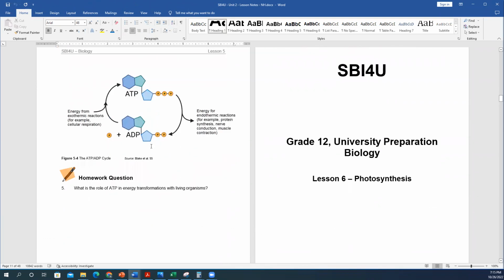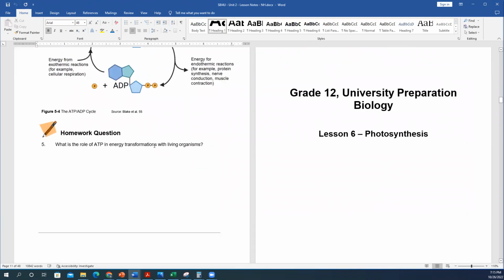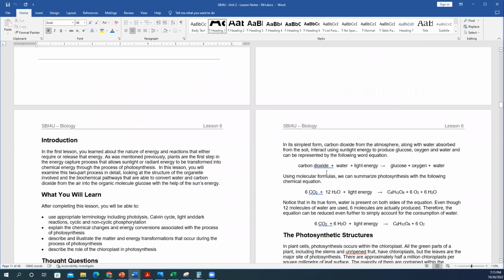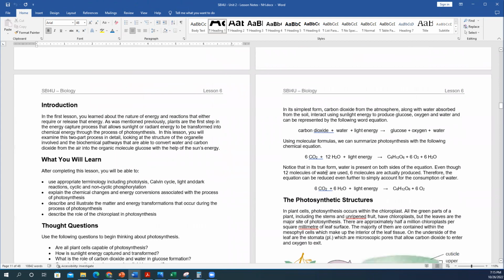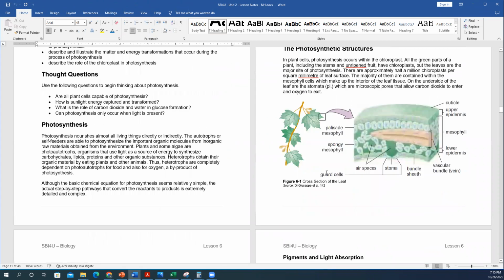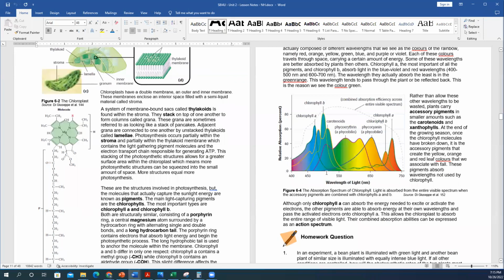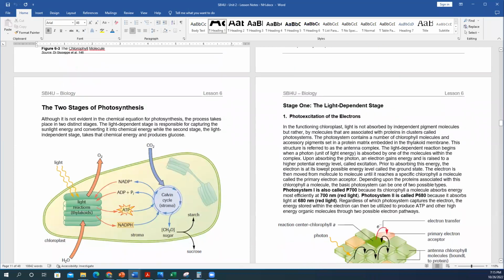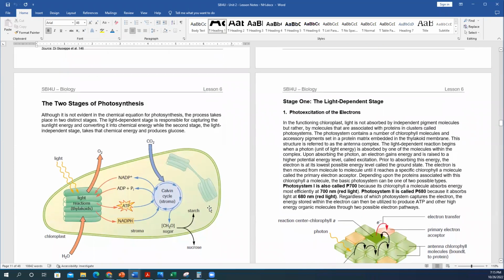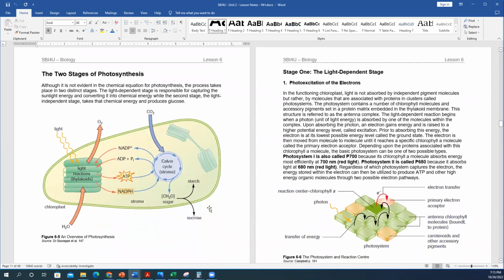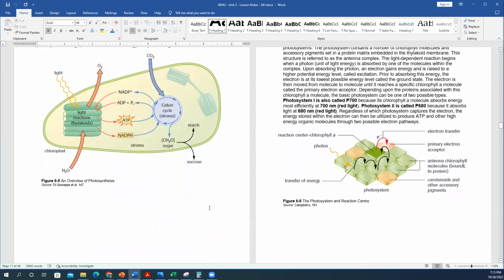Next, we looked at photosynthesis and cellular respiration. And quite basically, we looked at photosynthesis occurring in 2 stages, the light dependent and the light independent stage.